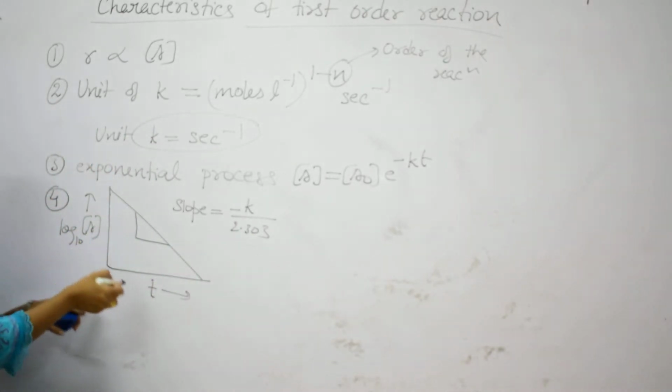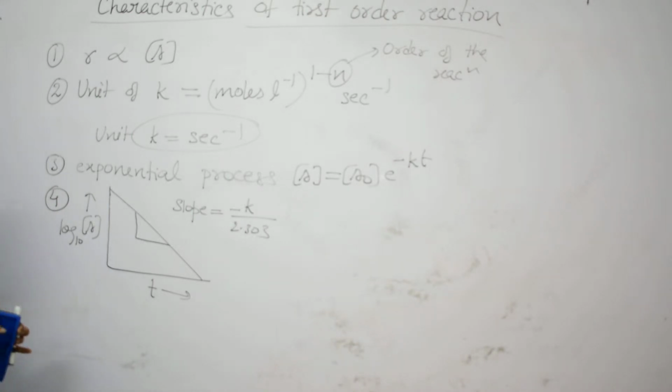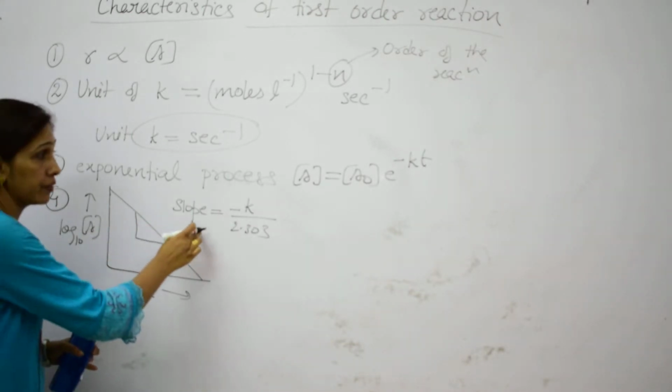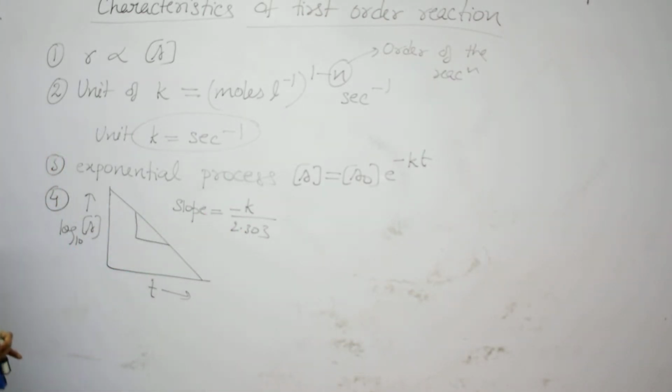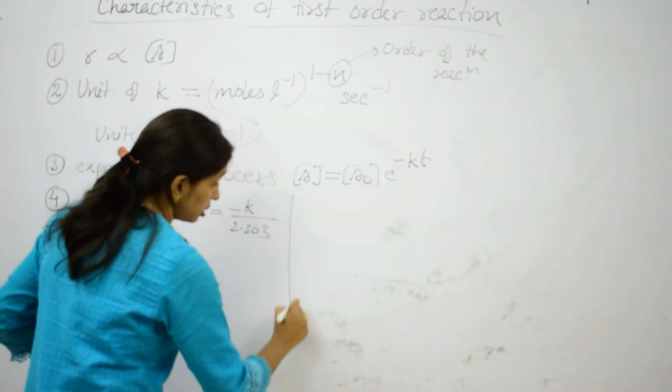On plotting log A versus t in first order kinetics, the slope can be given by minus k upon 2.303. That we can get by the equation.